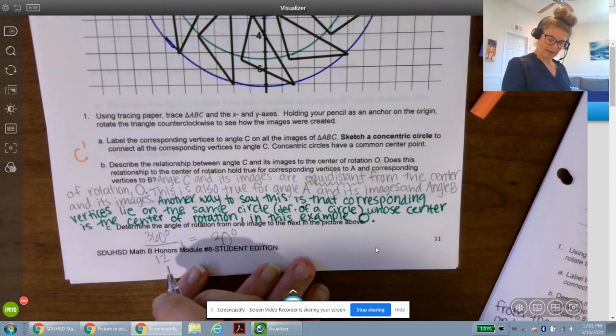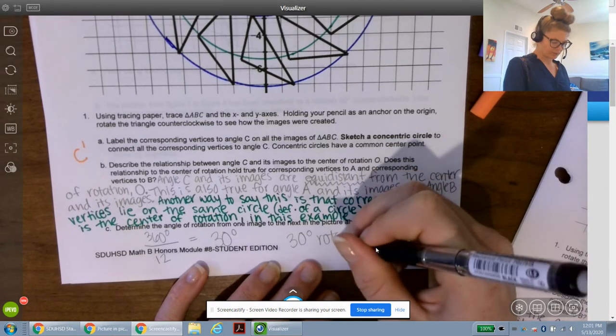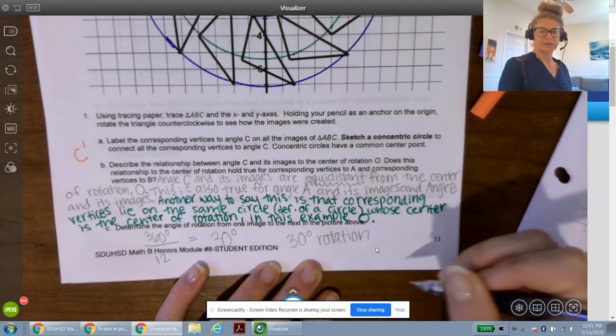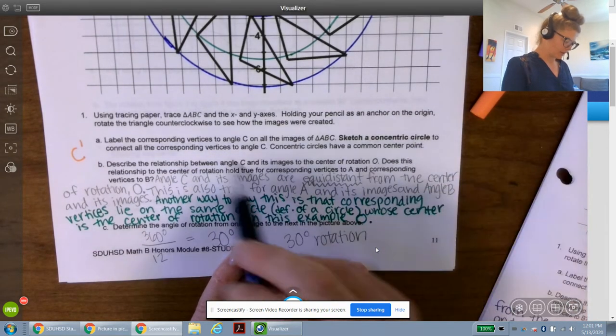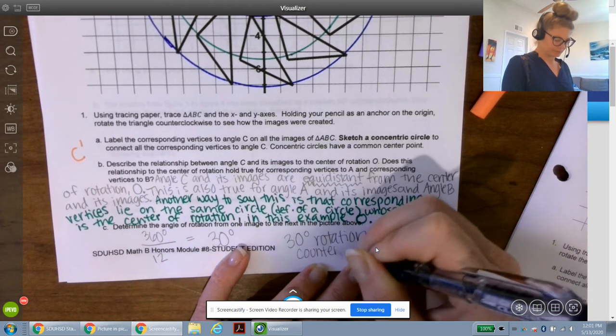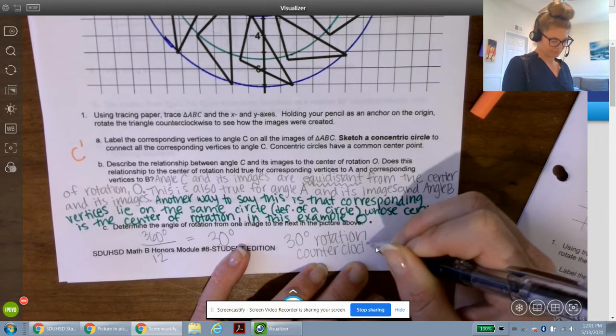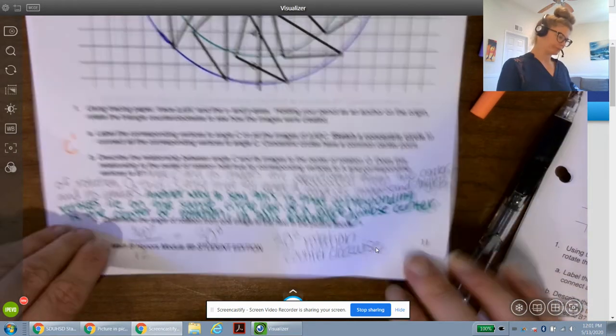So we can say 30-degree rotation. And a direction is usually important, so since we are going counterclockwise, we can say counterclockwise. Cool, let's keep going.